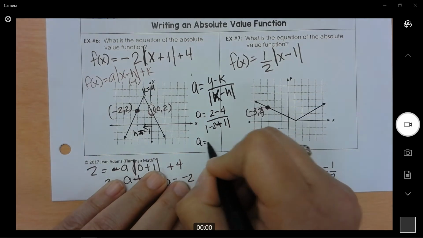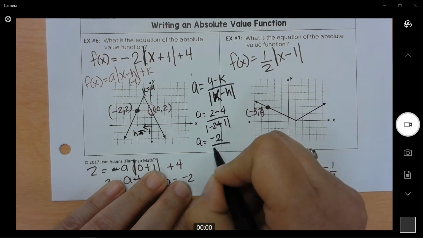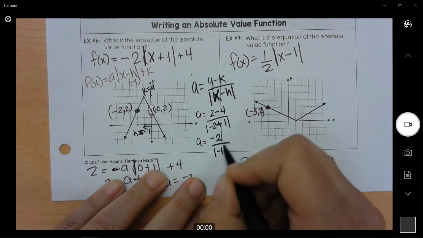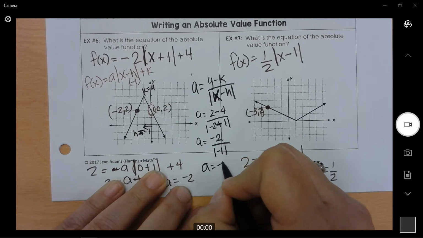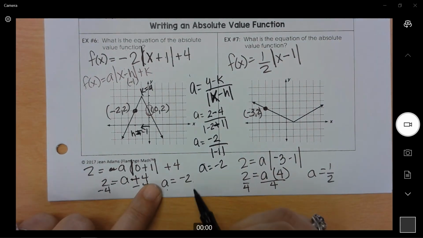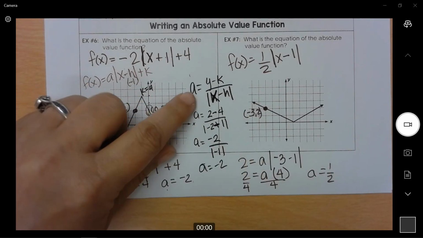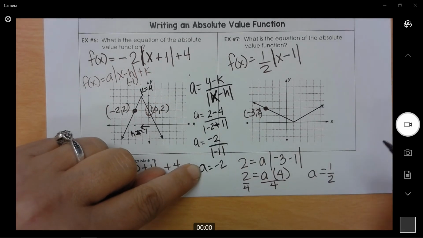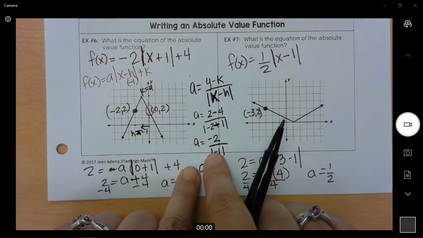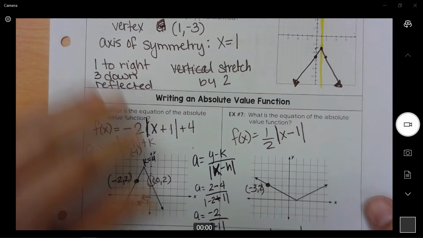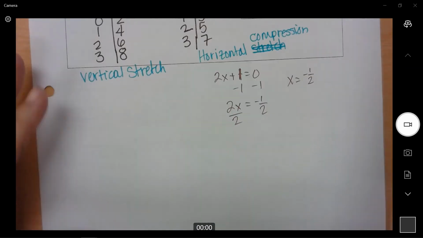So A would be -2 over the absolute value of -2 plus 1, which is -1. So A is -2. And that also shows us that we did a reflection, which we saw in here. So we're going to work with this A formula that I came up with last year. It is so much easier to do this than it is to rearrange, okay? And then we'll do some more of those on the next section.